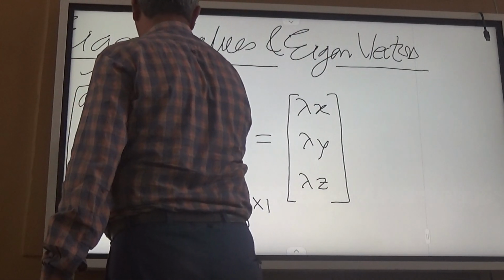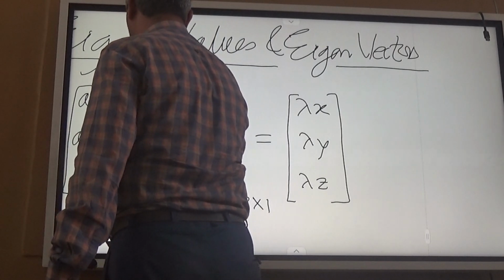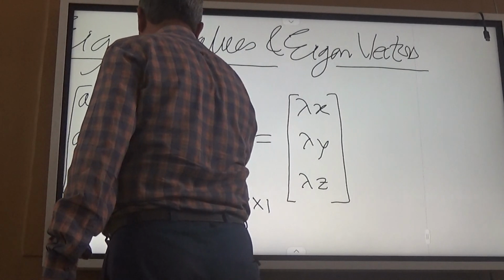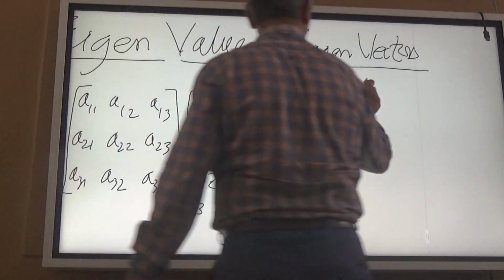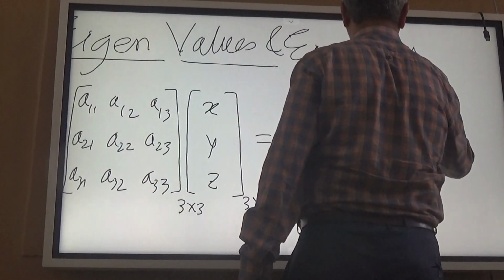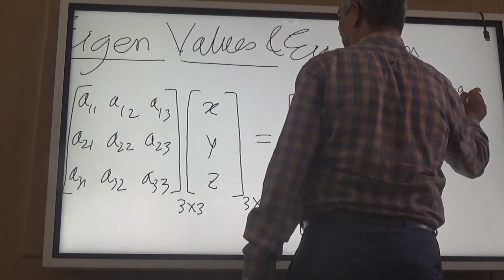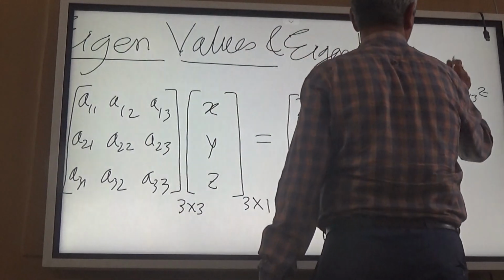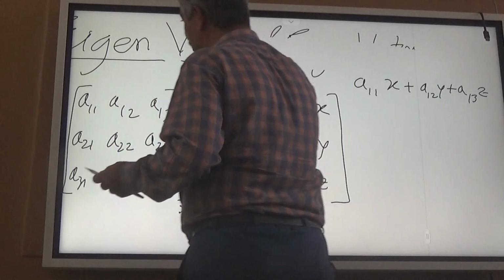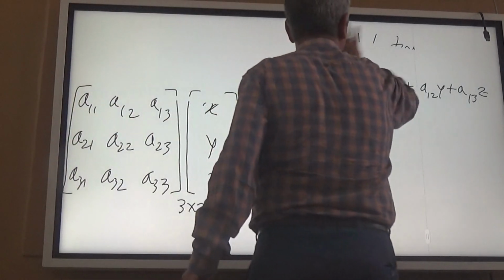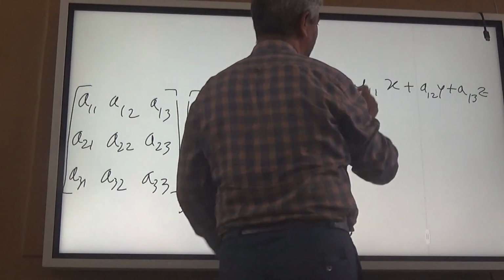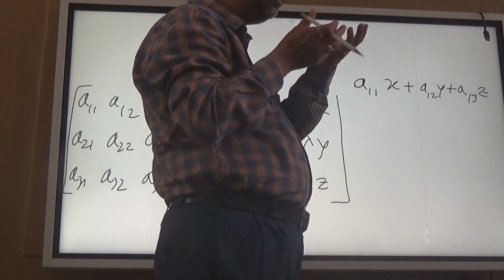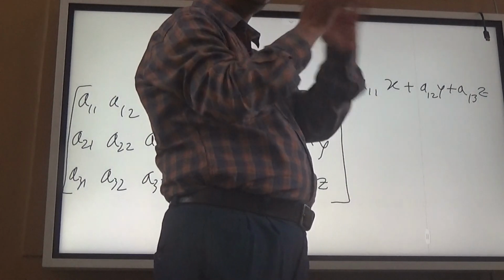a11 a12 a13, a21 a22 a23, a31 a32 a33. a11x plus a12y plus a13z must be equal to, just like in mathematics you will find there is something unexpected, some magical thing happening.